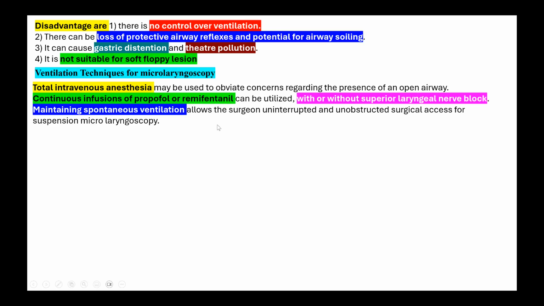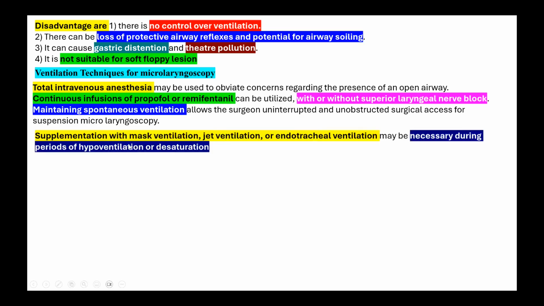And maintaining spontaneous ventilation allows the surgeons uninterrupted and unobstructed surgical access for what is called suspension microlaryngoscopy. And supplementation with mask ventilation, jet ventilation, or endotracheal ventilation may be necessary during periods of hypoventilation or desaturation.